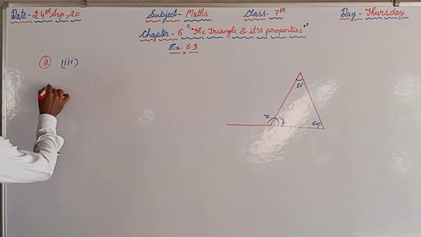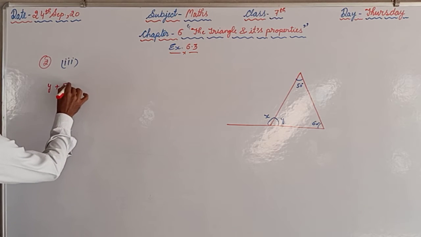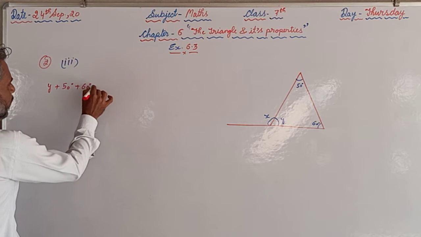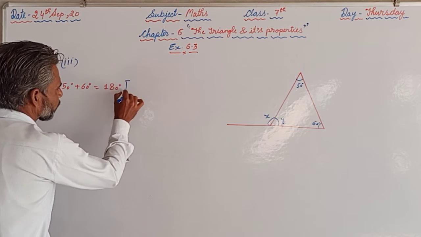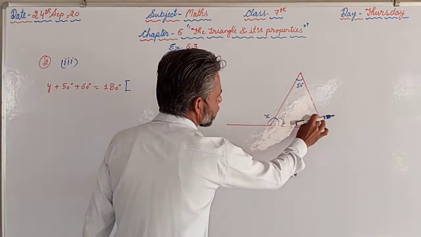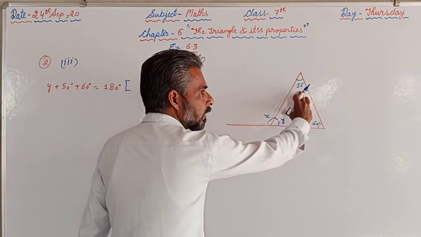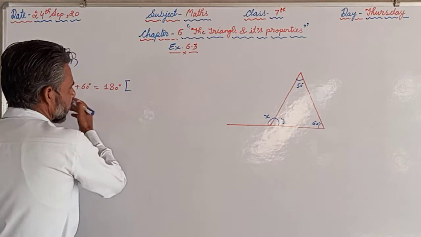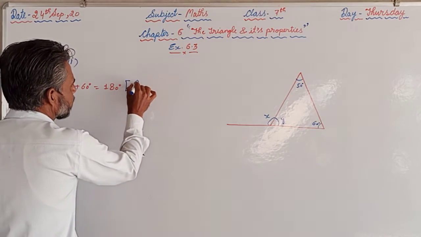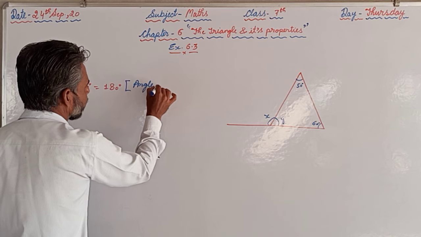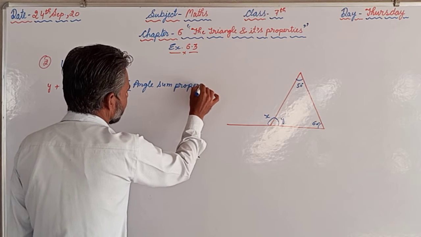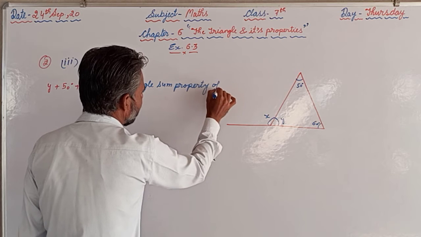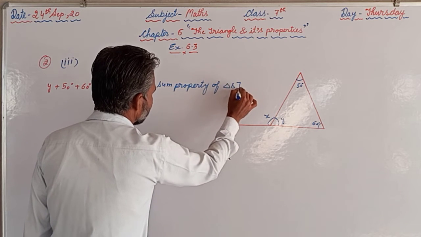So we can write y plus 50 degree plus 60 degree is equals to 180 degrees. Y plus 60 degree plus 50 degree means sum of the angles of a triangle. So that is 180, angle sum property of triangles.